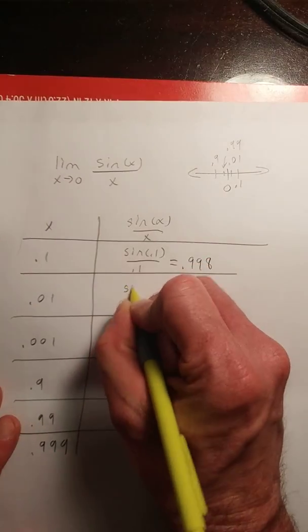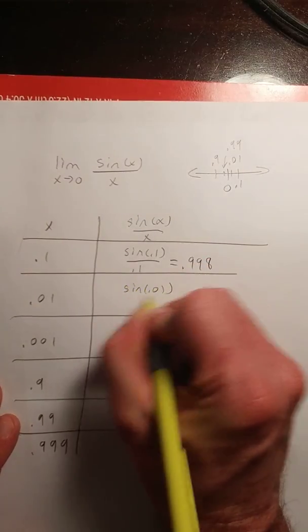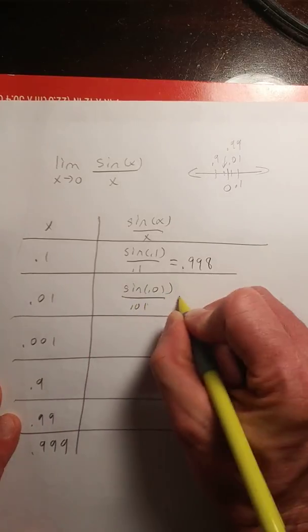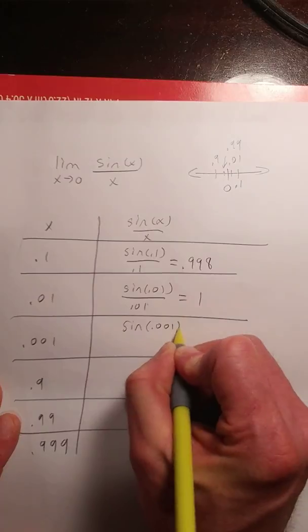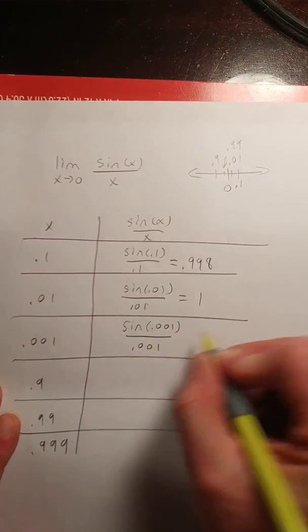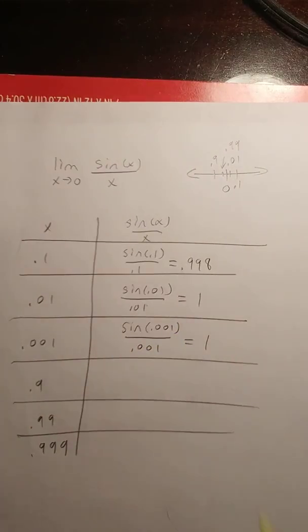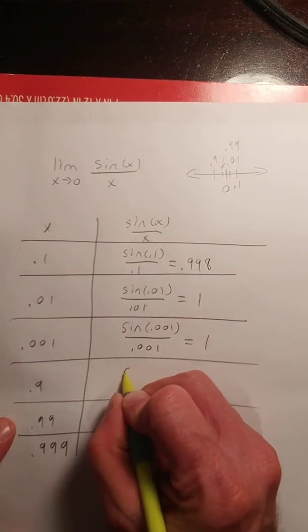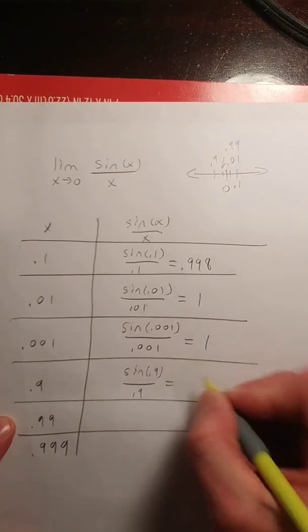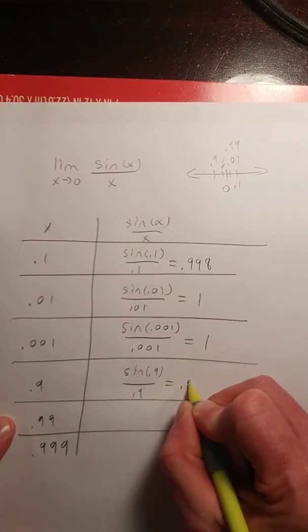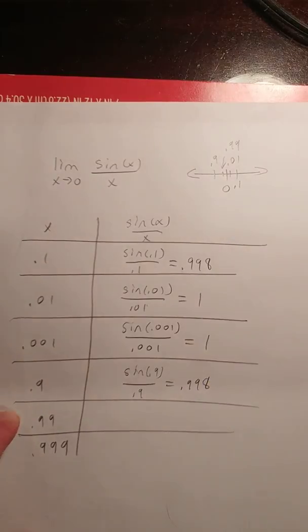Anyway, let me finish this side out. What you will get will be really very close to 1. I'll just record that. I've already done these beforehand, but those two come out to 1. Now let's do sine of 0.9 divided by 0.9, and that will give me 0.998 again, and the last two result in 1 again. Let me record those.